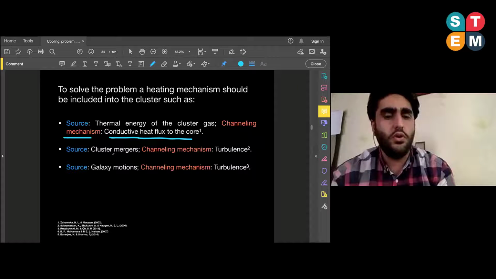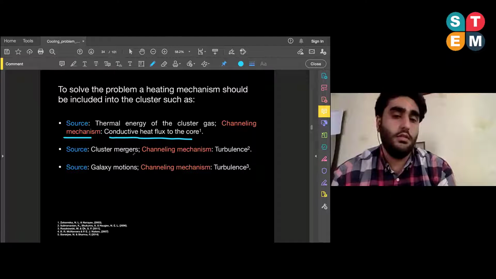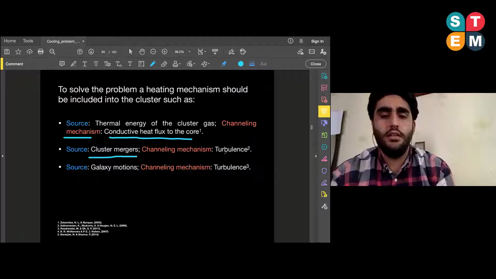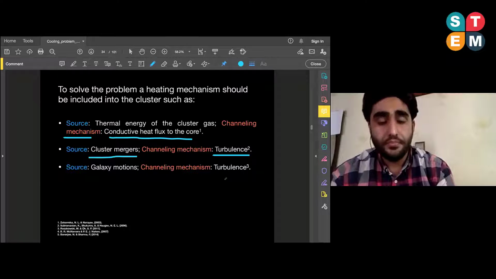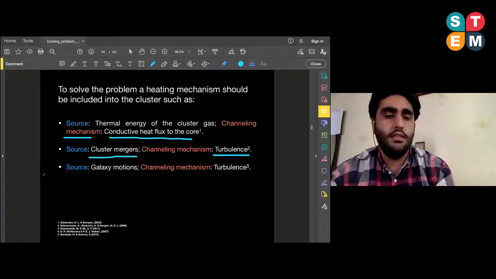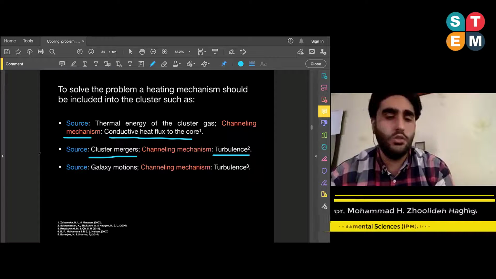Another source for heating clusters and tackling the cooling flow problem is cluster mergers. Mergers can lead to turbulence, and turbulence can cascade, and because of the viscosity that exists in those regions, can lead to heat.